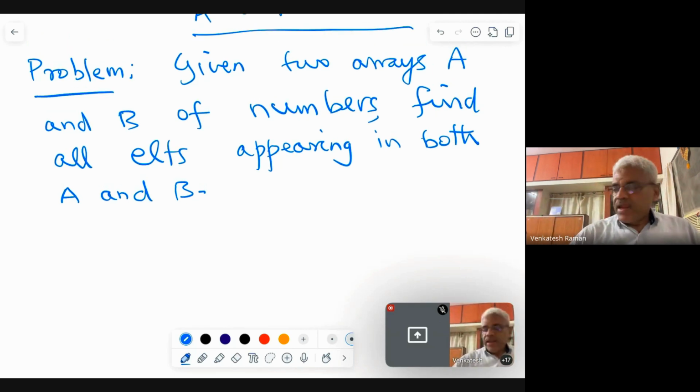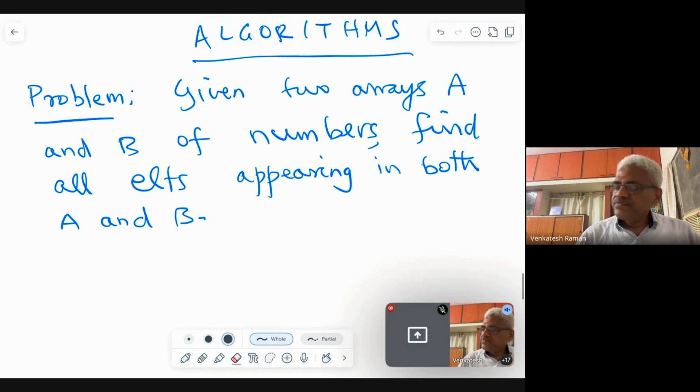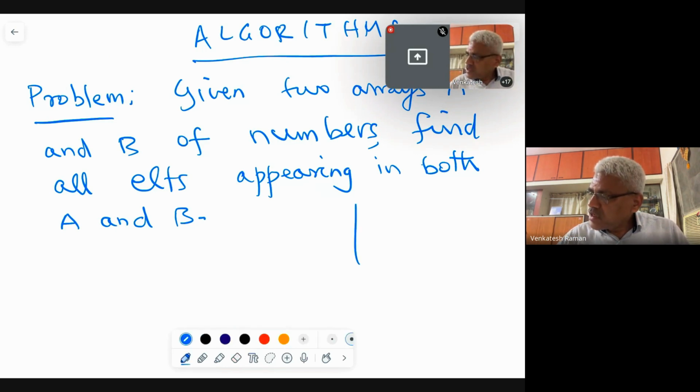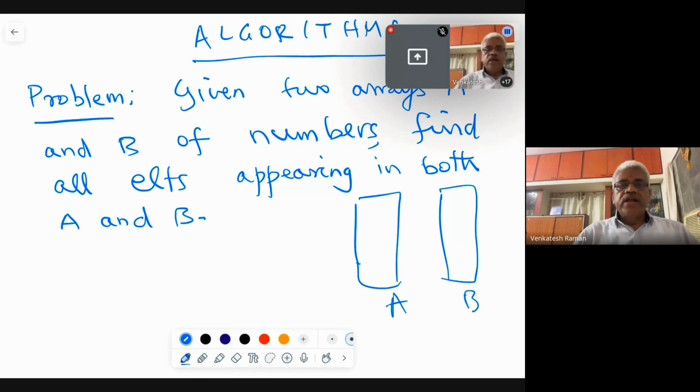Can somebody give me an algorithm for this? The problem clear? Two large arrays A and B. I want all entries that appear in both A and B.